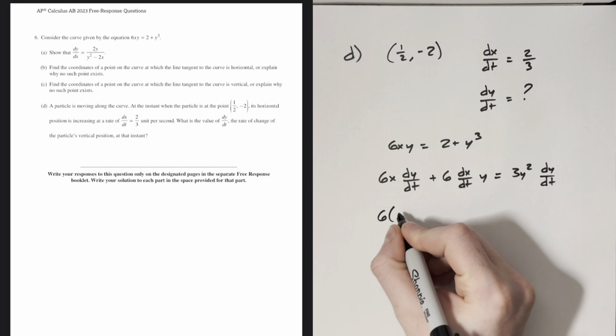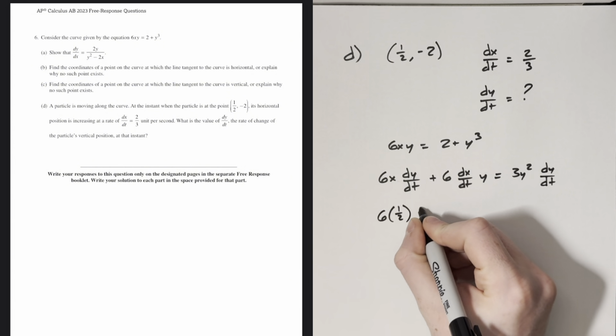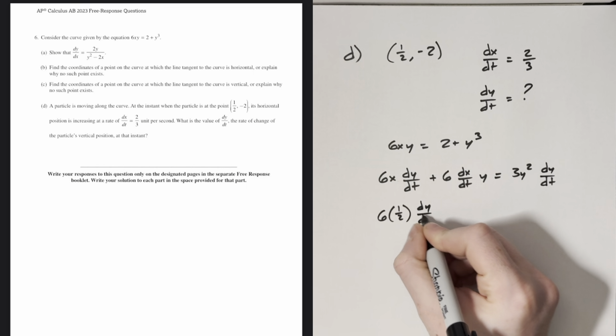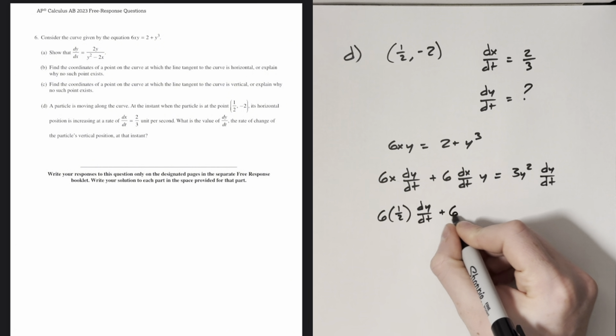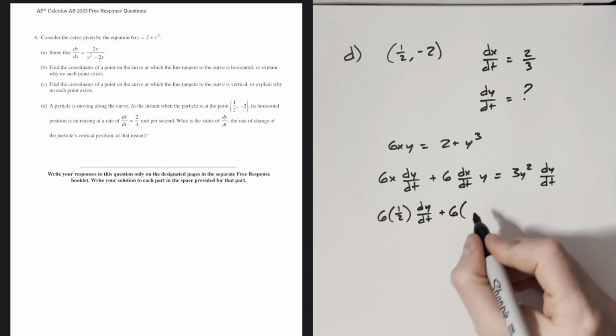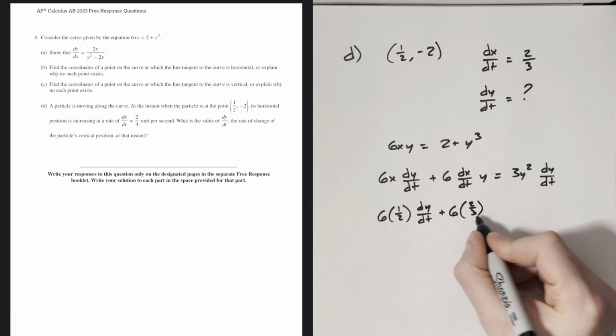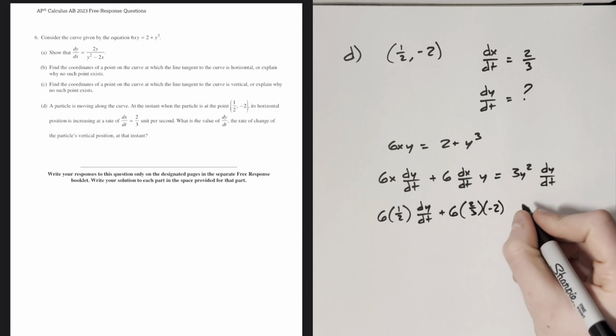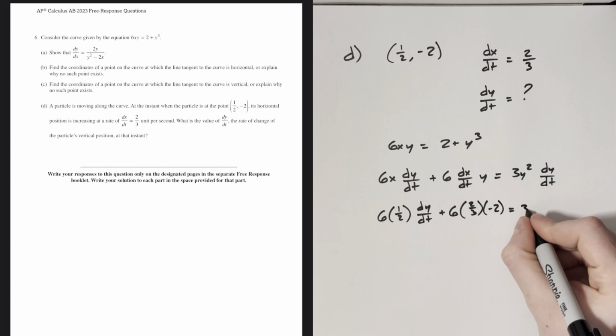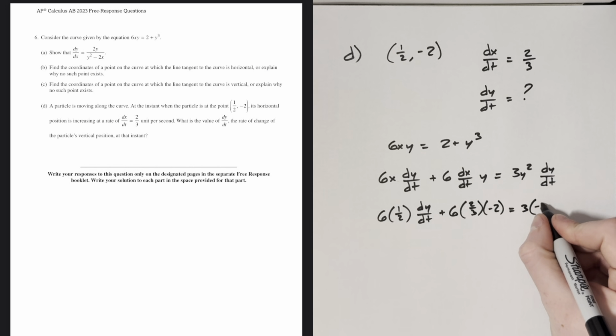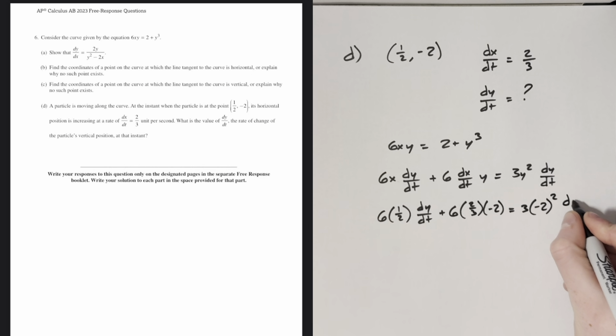My x value is equal to 1/2 dy dt plus 6 times dx dt is 2/3, y is equal to -2, and that's equal to 3 times my y value, which is -2 squared, times dy dt.